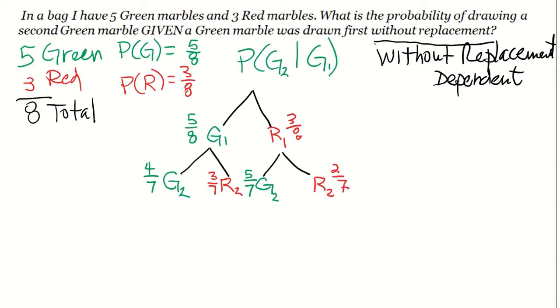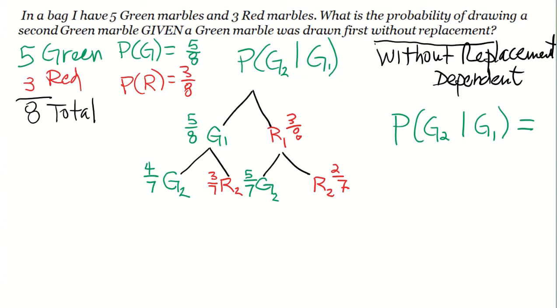So now that I have my tree diagram to show me how the probabilities are going to flow, let's answer this question of what is the probability of drawing a second green given that I drew a green on the first try. So let's look at this and see what does that mean.